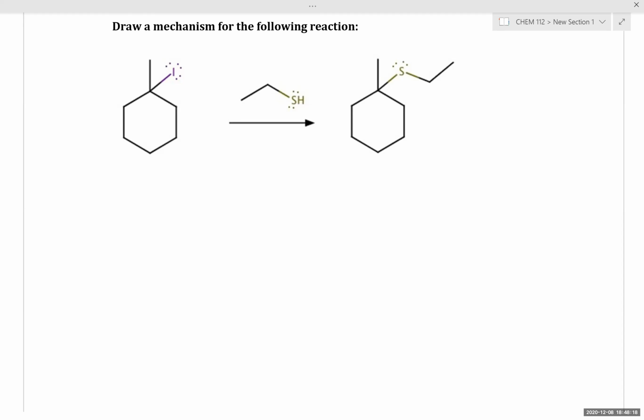And then I'd like students ideally to share their responses either as a photo in the chat or using the annotate tool. Let's try to get a few responses for this reaction mechanism. And I'd like you to indicate the product stereochemistry. Do we observe a single stereochemical outcome? Do we see a mixture? What do we see?